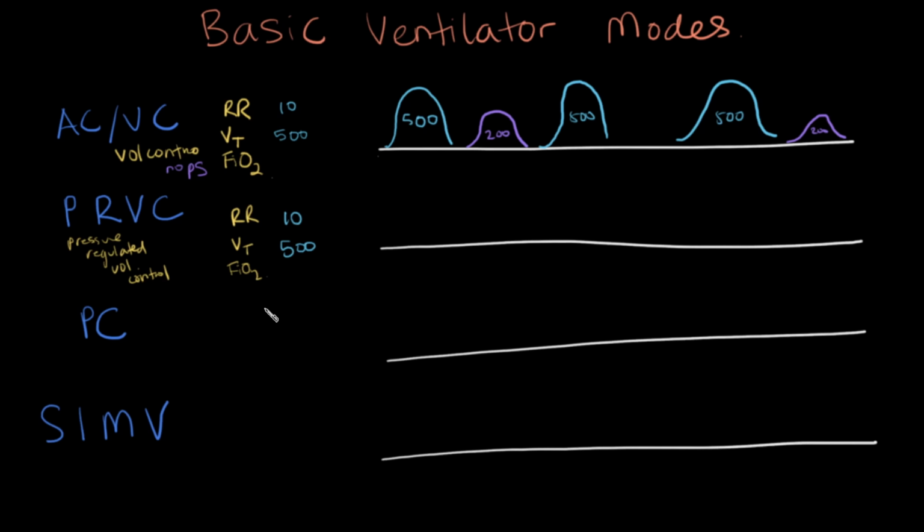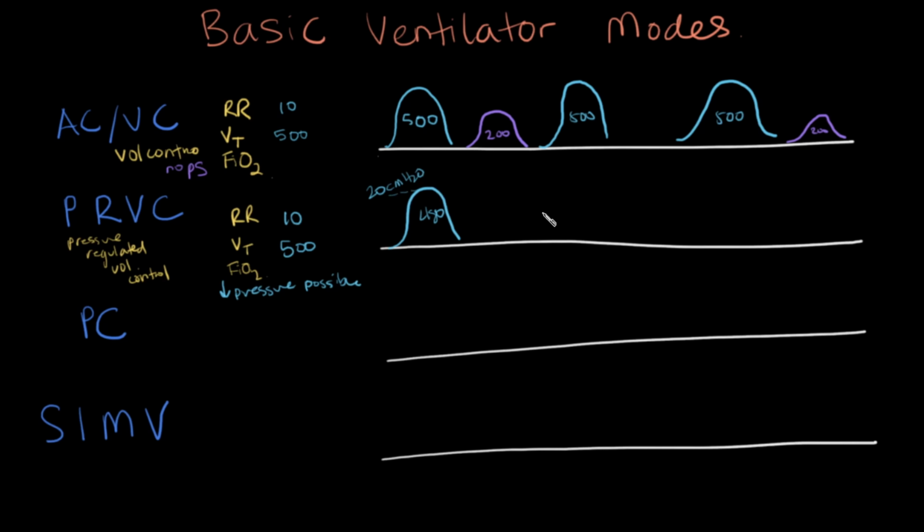Now, this looks a bit similar to volume control. However, it's going to try and give a breath with the least pressure possible. What that might look like is that the ventilator might give only 480 mils, at a pressure of maybe 20 centimeters of water.